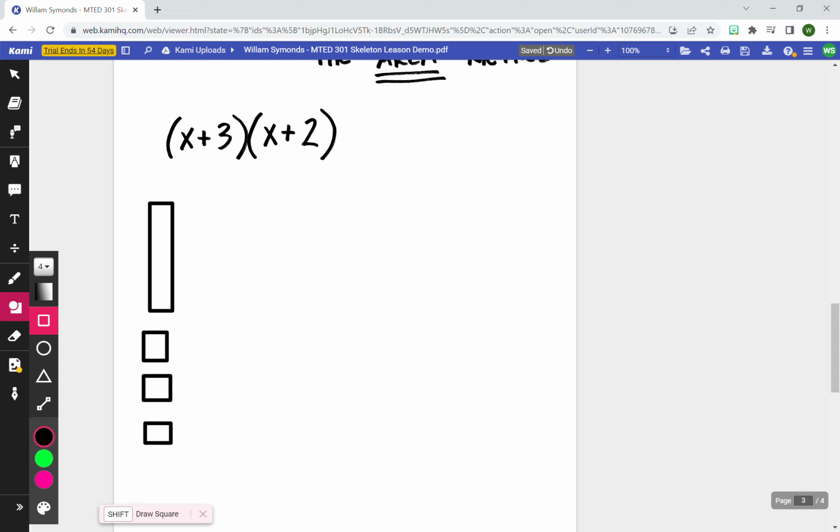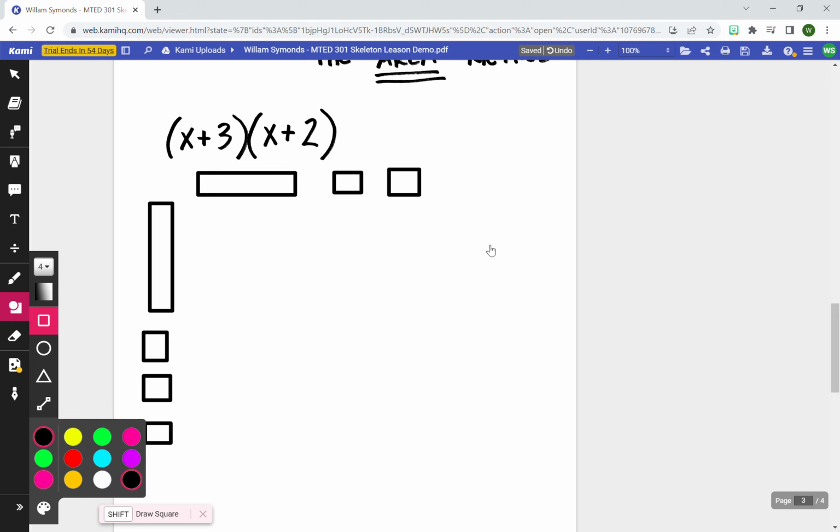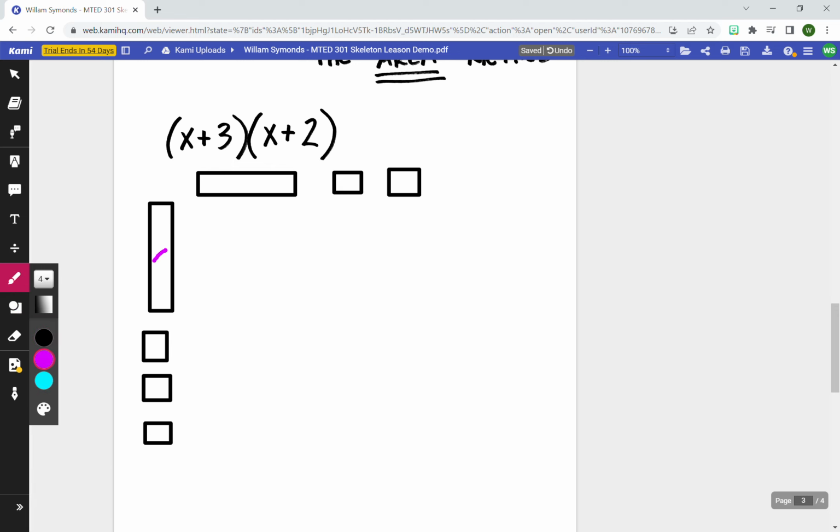We could do the same for x plus 2. We have a rectangle, and then since we have 2, we have 2 1 by 1s. So again, we have x plus 3, 1, 1, 1, and then x plus 2, 1, 1.